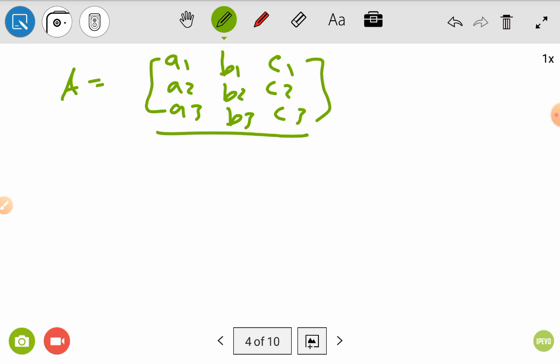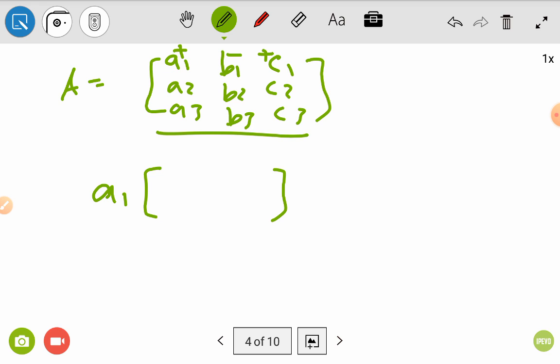This matrix contains 3 rows and 3 columns. To evaluate this matrix, put plus, minus, plus. This is the rule, plus, minus, plus over the first row. And A1 lies on the first row and the first column, so cancel the first row and the first column.